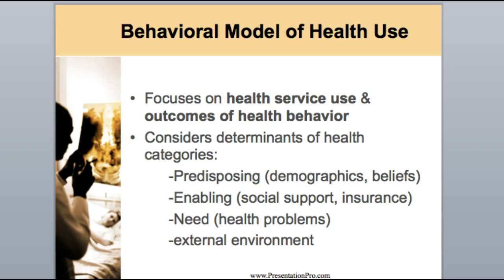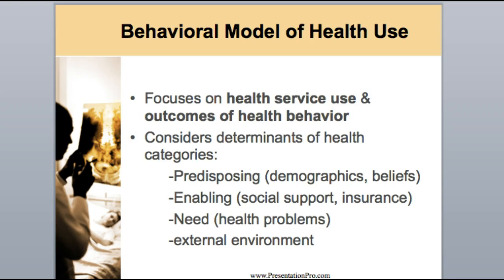Also, the behavioral use model looks at their support systems and their ability to enable them for health services use. Does this person have access to transportation? If not, do they have a family member that can bring them into their appointments? And is the use of that support improving the outcomes of this person's health and influencing their behavior in a more positive trajectory?